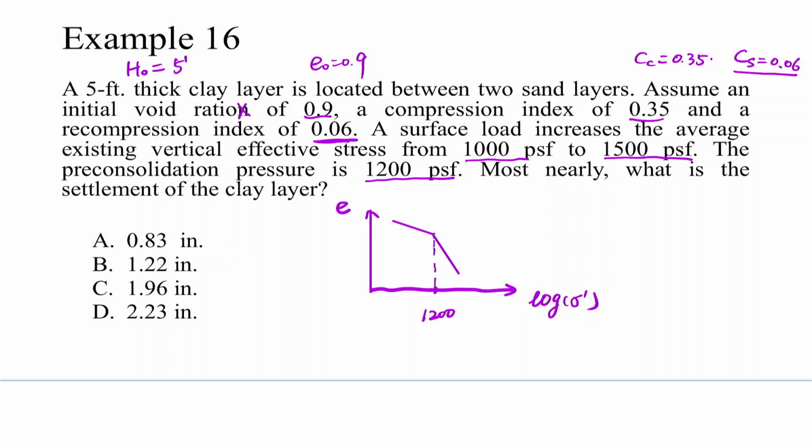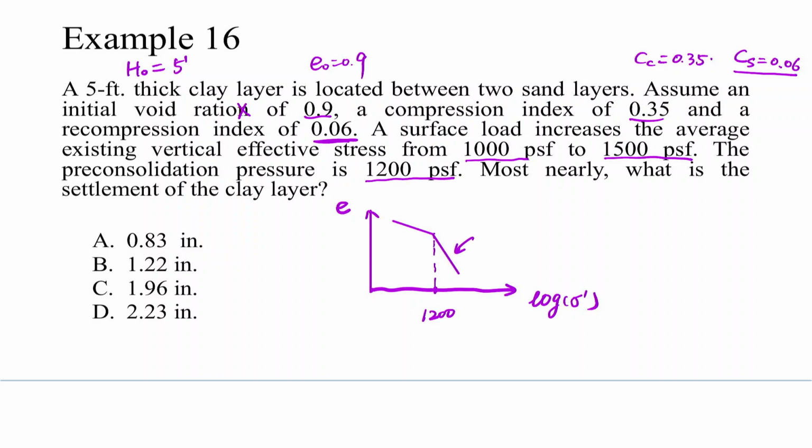So the soil will be compressed a lot easier if your pressure is higher than 1200 psf, because basically the soil had never experienced anything beyond the 1200 psf. So if the pressure is more than 1200, the soil will be easier to compress.